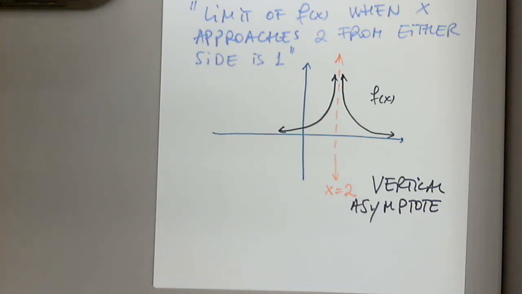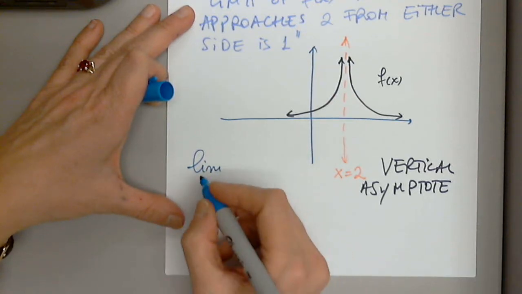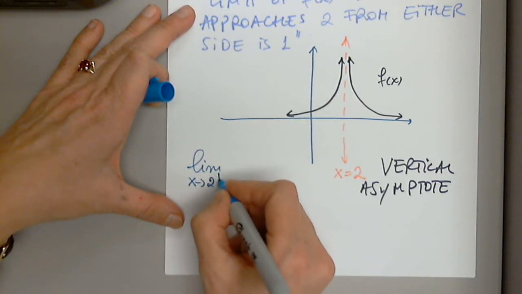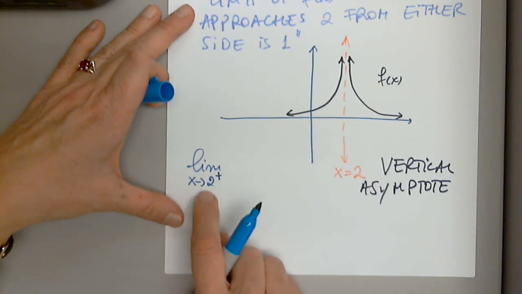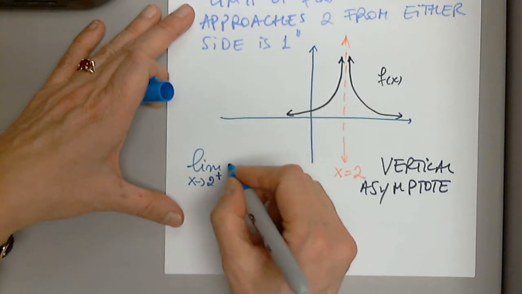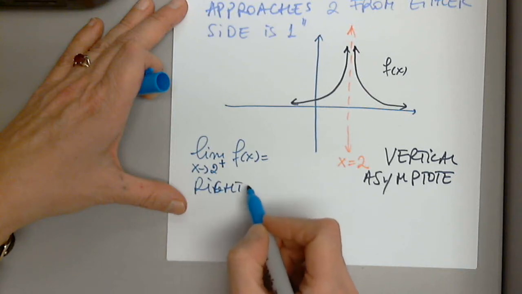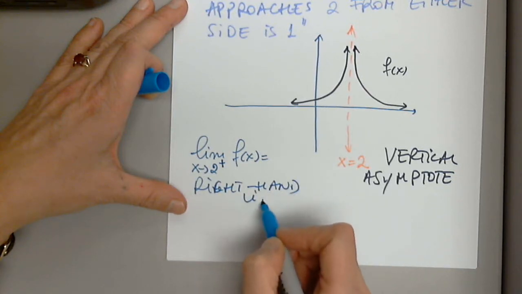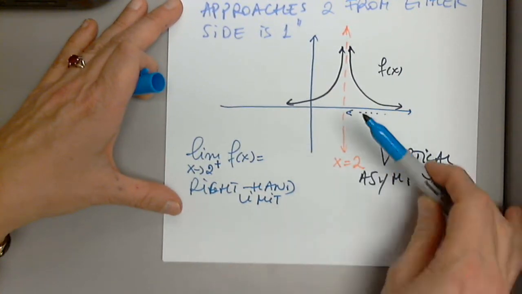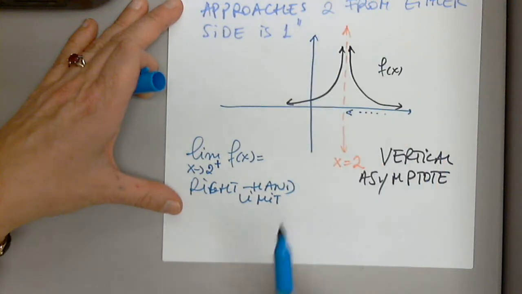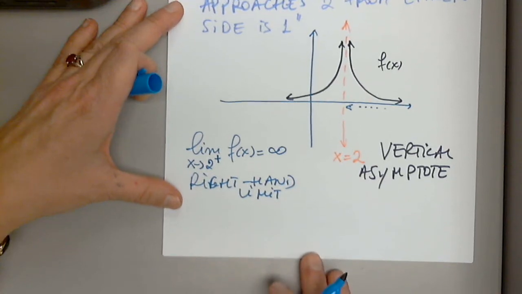Okay, so now I would like you to say how much is the limit as x approaches 2, positive, of f of x, which means the right-hand limit. I'm only interested when x approaches from the right. Where do the function values go? To infinity.